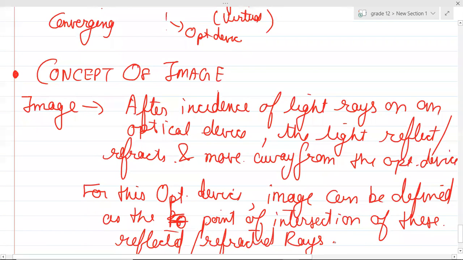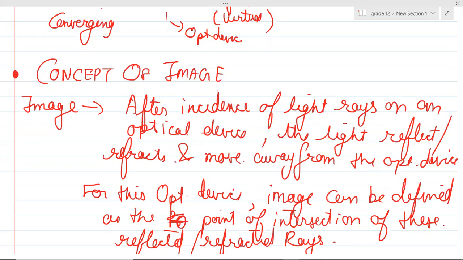So just like object, image is basically the point of intersection of reflected or refracted rays. But please remember, both object and image are defined for a particular optical device. So the object for one optical device or the image for one optical device may act as an object for some other optical device.